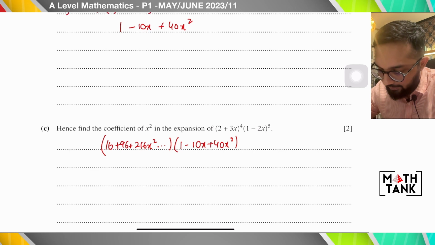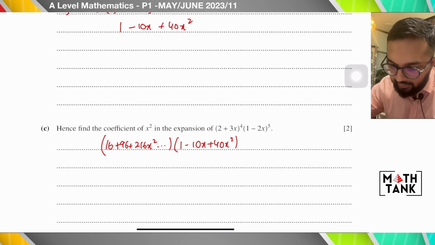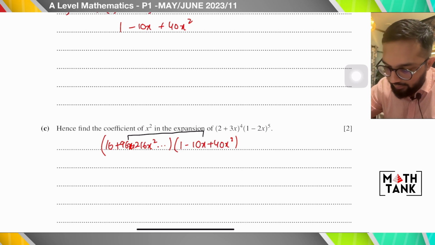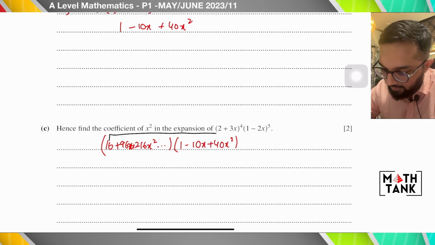Okay, so I need terms in x squared. Okay, this was 96x plus. So I know that 96x multiplied by this x term will give me a square, but before that, this term will also give me a square.